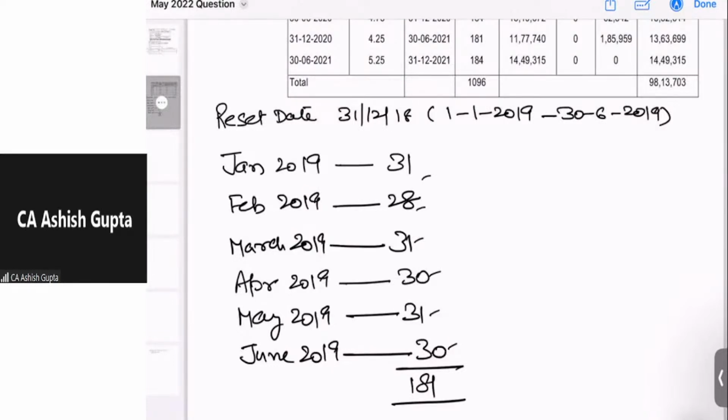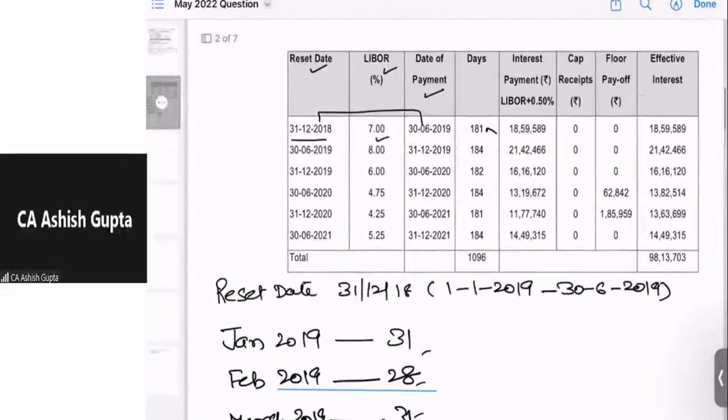Similarly, if I talk about another reset date, that is 30th June, the corresponding period will be July 2019.